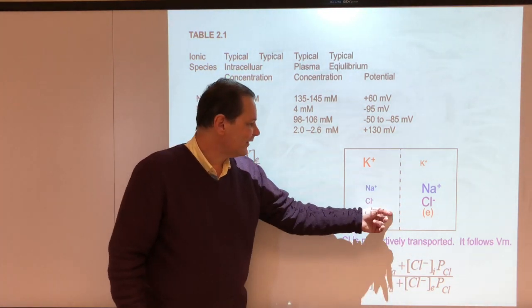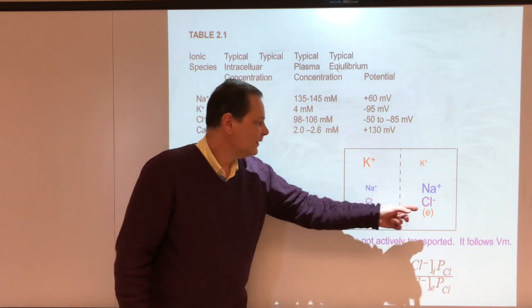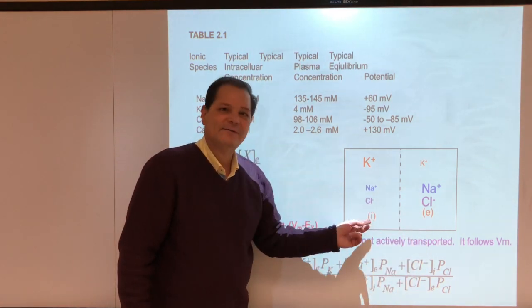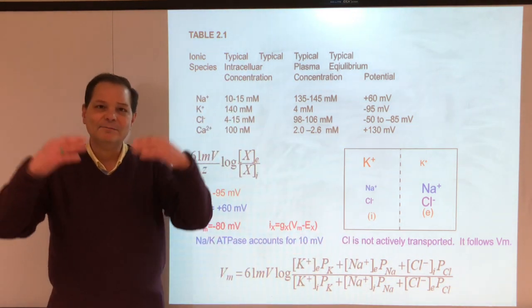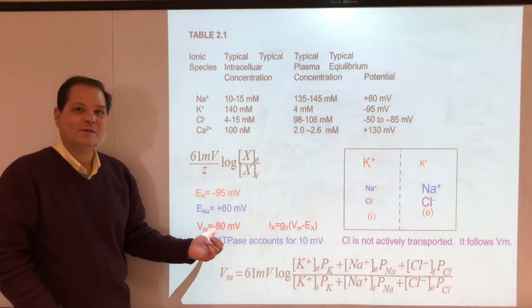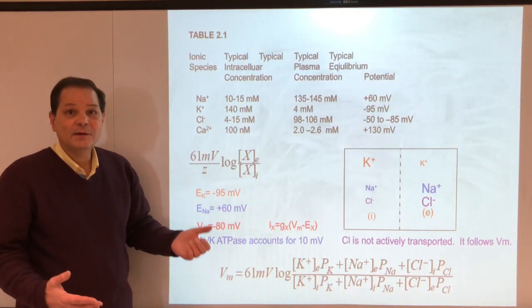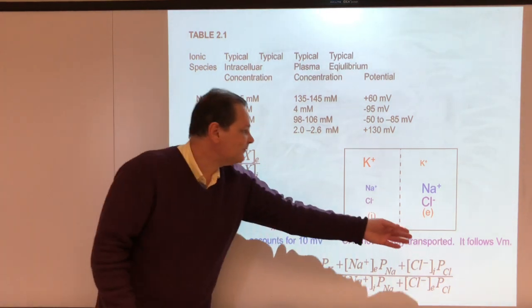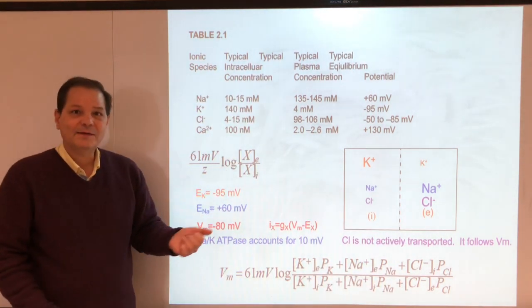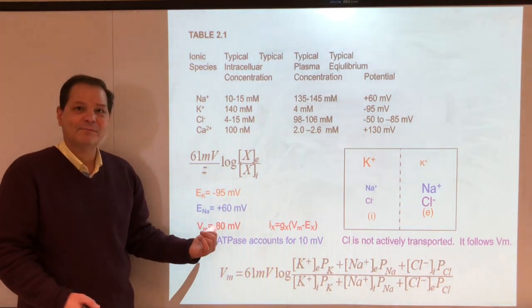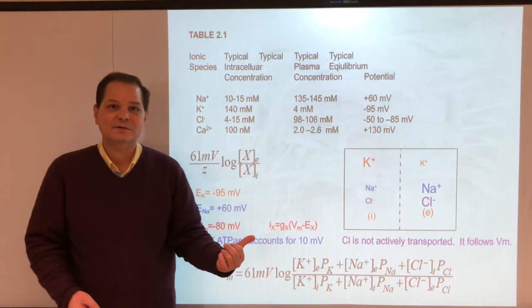If I make the inside less negative, chloride will start to flow into the inside of the cell, adding negative charge to the inside and trying to bring the membrane voltage back down to minus 80, when it will stop flowing again. So the more open chloride channels you have, the more chloride flows into the cell, and the more the chloride tries to get the membrane back to minus 80, the original resting potential.